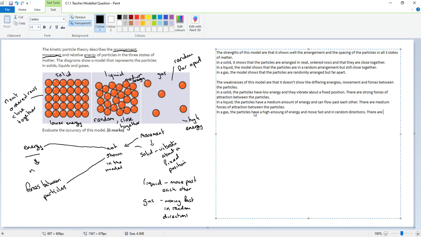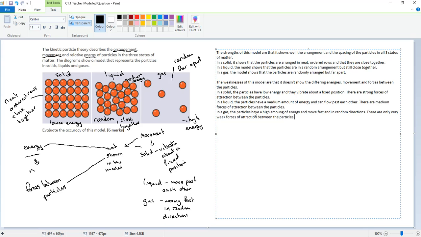There are only very weak forces of attraction between the particles. And of course that's linked. So in a gas, because there's only very weak force of attraction between particles, they can move fast in directions away from each other. And that high amount of energy they've got has led to them overcoming the force of attraction between the particles.